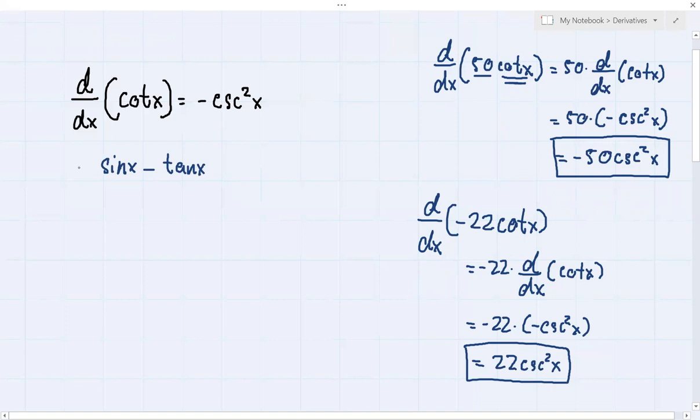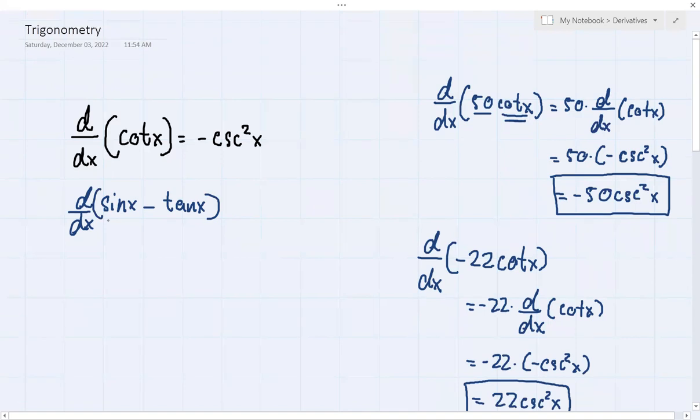O, diba? How will you get the derivative for this one? So this one is pretty easy kasi if you know the basics ng sum and difference, especially yung derivative ng sine x, derivative ng tangent x, derivative ng cosine x, so on and so forth, then nothing is impossible. Madali na to. Alright?